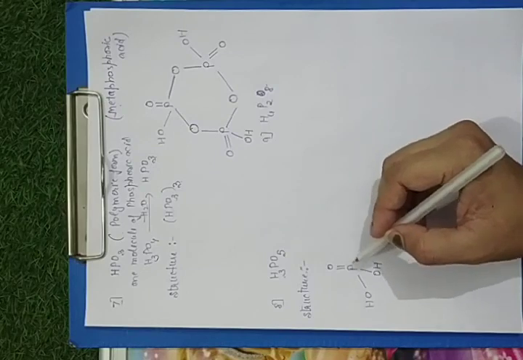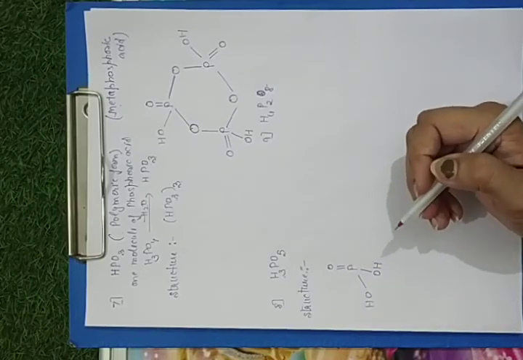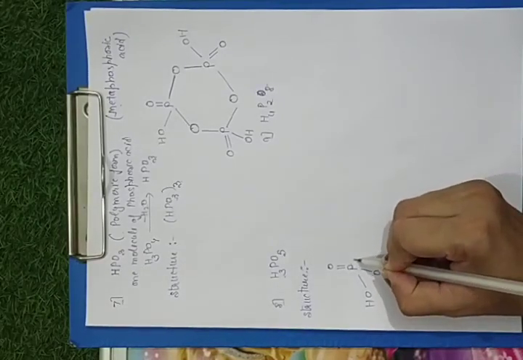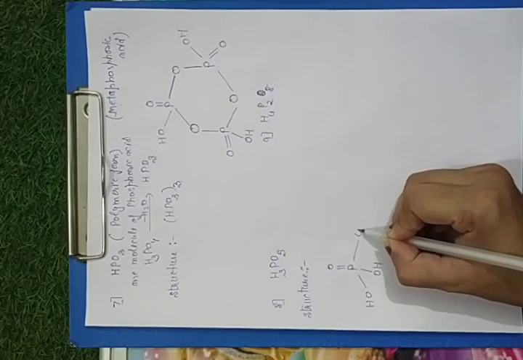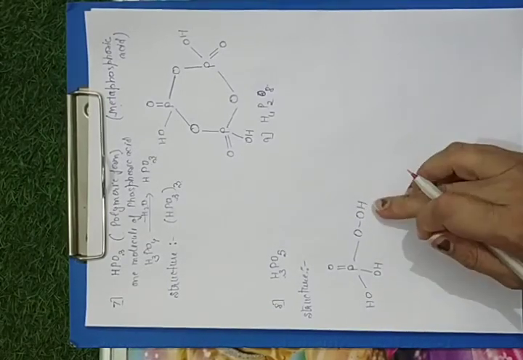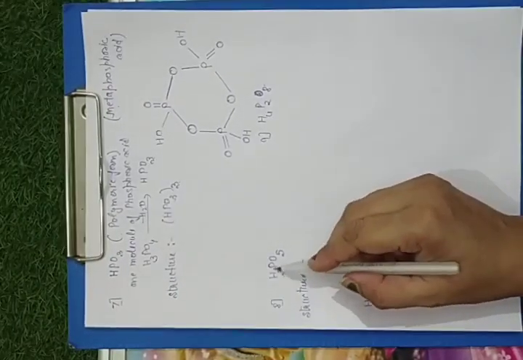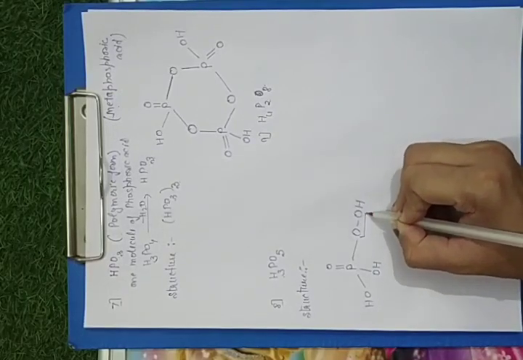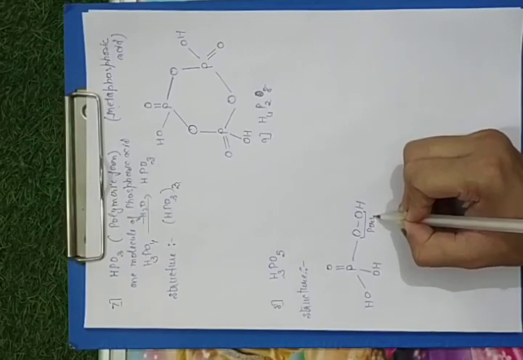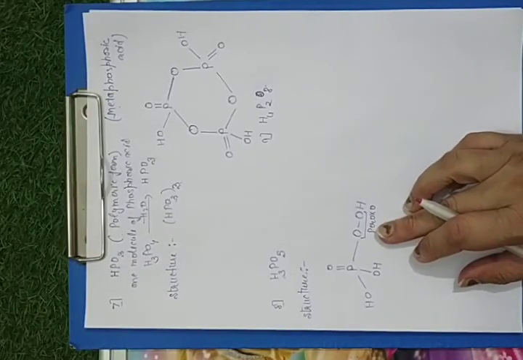So in this case, phosphorus has more than 5 bonds, which is not possible for phosphorus. Hence, what will we do? Put both the oxygens together and the hydrogen at the terminal position. So this one is the structure of H3PO5. This connectivity is called peroxo, that is the peroxide ion, O2 2 negative.